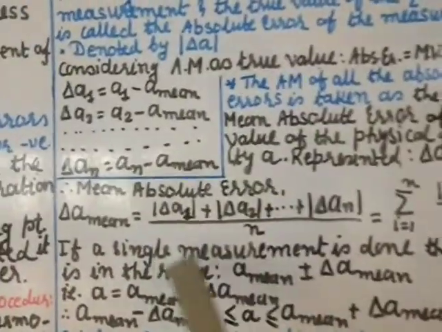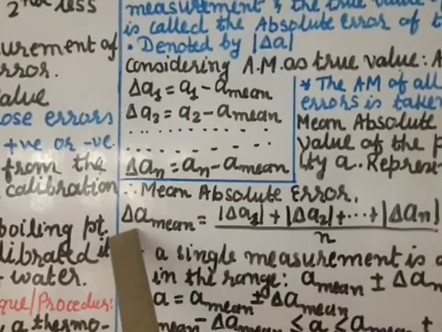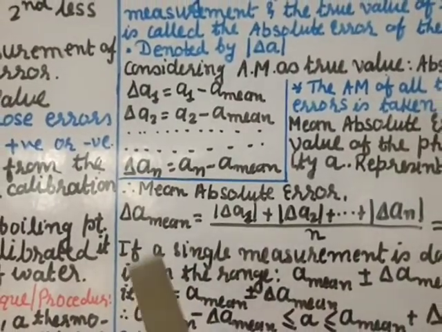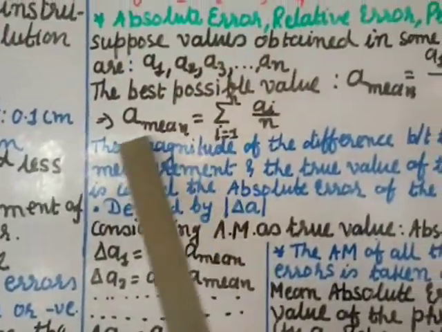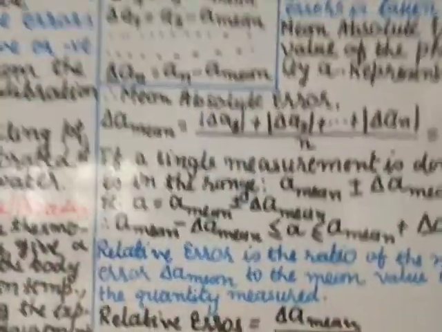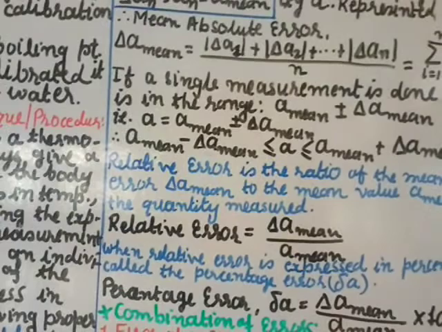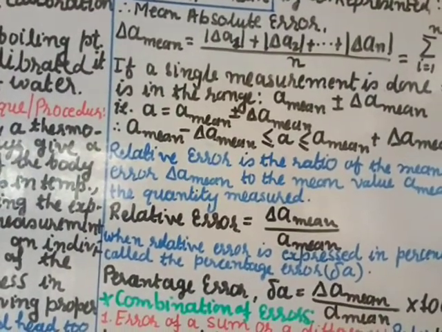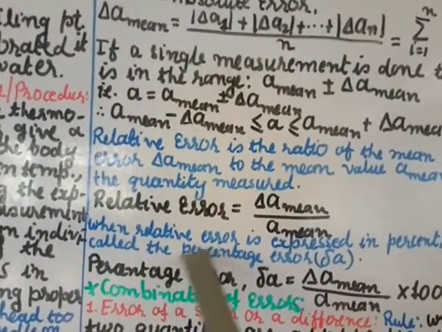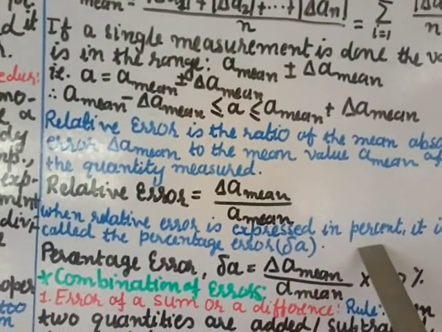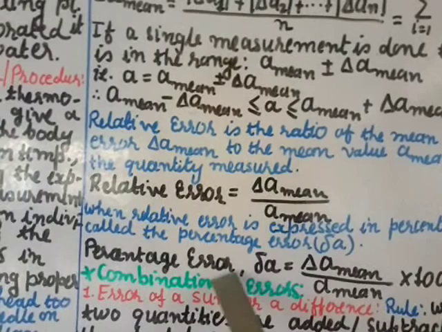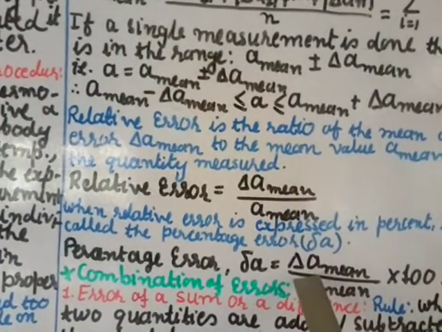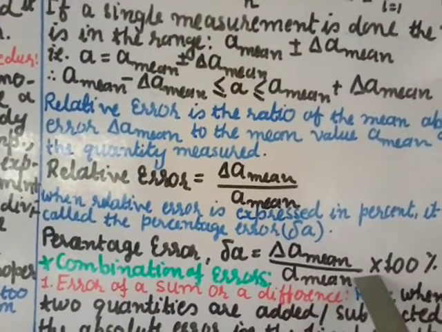Delta A mean is what we found here, and A mean is what we found first. That ratio we call the relative error. And percentage means we multiply by 100. When relative error is expressed in percent, it is called the percentage error. So percentage error is equal to relative error, delta A mean by A mean, into 100%.